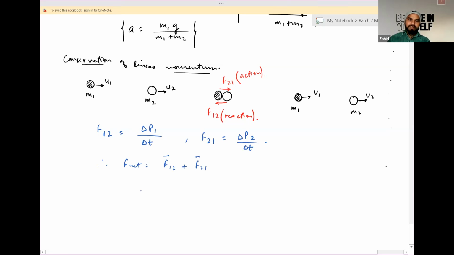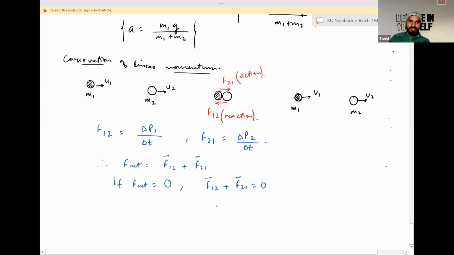By conservation of linear momentum, if net force applied on the body is zero, the sum of these two forces, which equals the sum of change in linear momentum of the two bodies, will be equal to zero. So you will get F12 plus F21 equals zero.